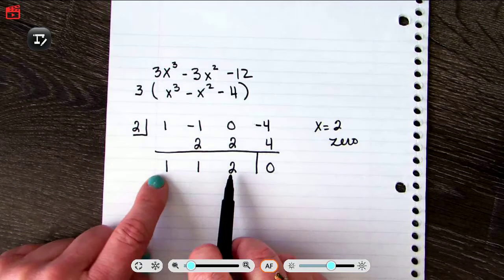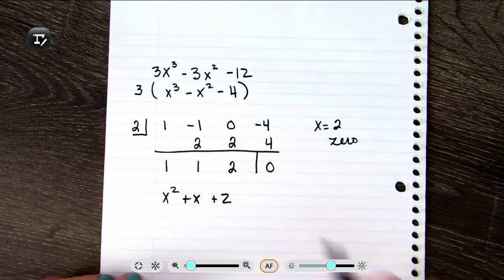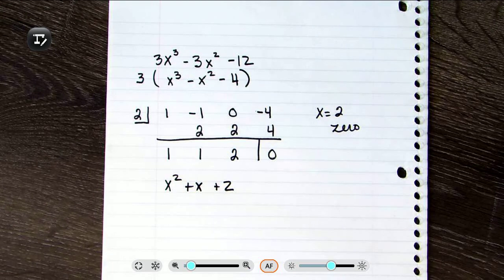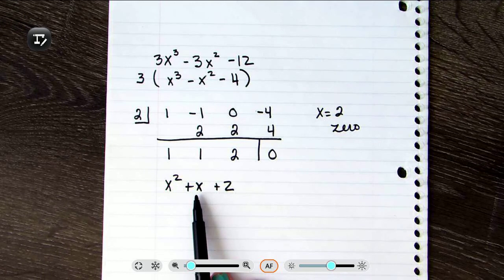And what I have left is a quadratic, which I can continue my methods, but I know how to find the zeros of a quadratic. I will first of all try to factor it, if at all possible. So two numbers that multiply together to give me 2, that add together to give me a positive 1. Does not work.